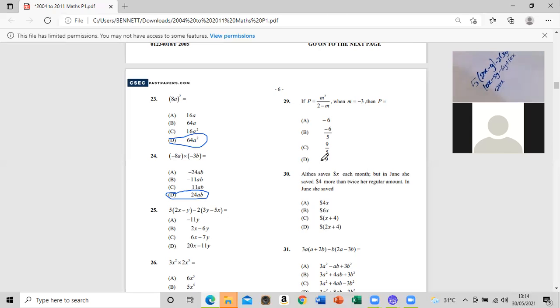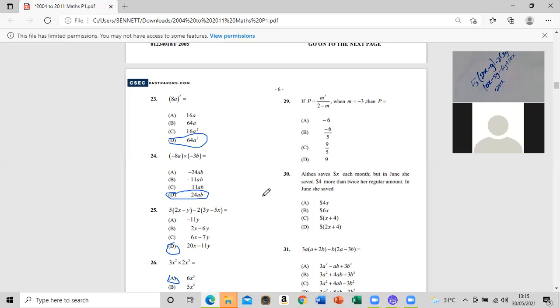It's D. Once we get the 20x, a negative times a negative gives a positive 10x, and 10x plus 10x is 20x. We don't need anything more because none of the others have 20x. So we can go ahead. We did 26 already. That would be A.